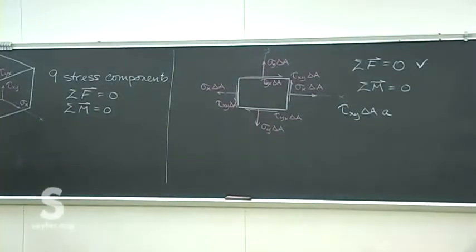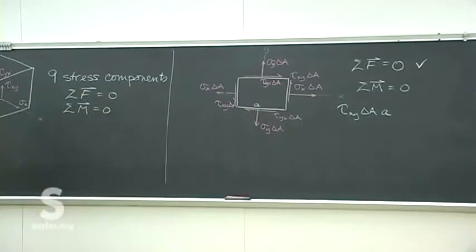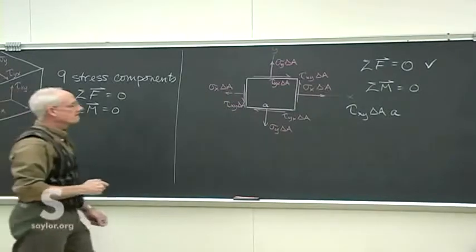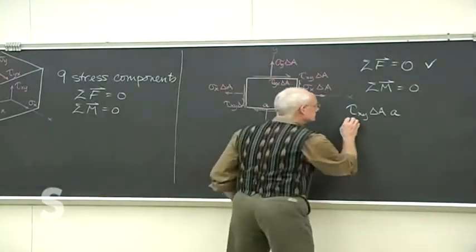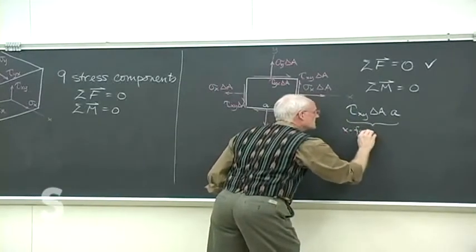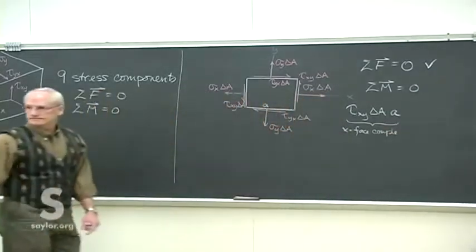Remember, this was a cube of side A. So the magnitude of the couple caused by the shear stresses on the x faces is that. So that's the x face couple.